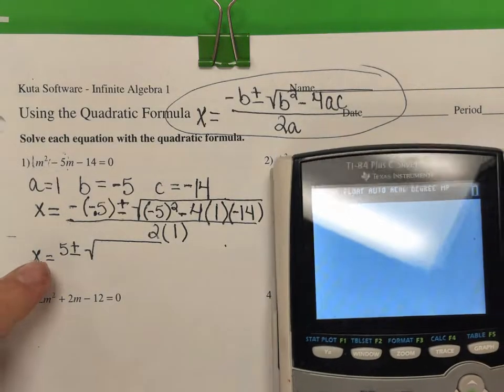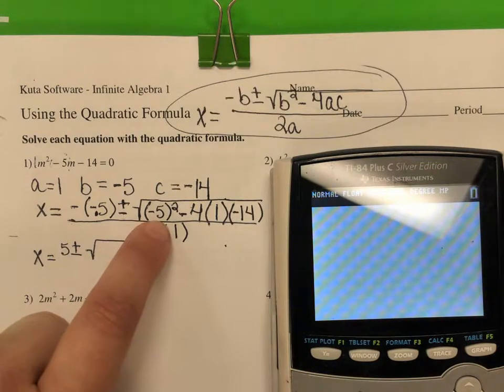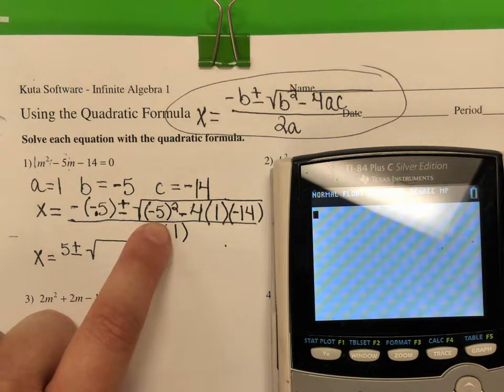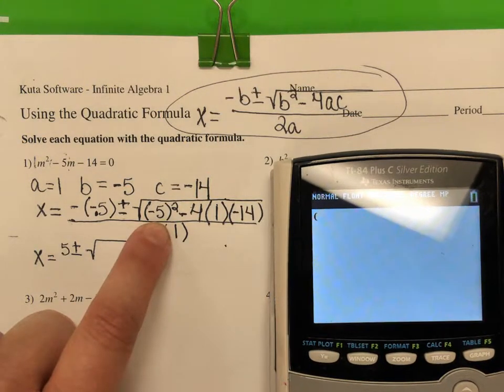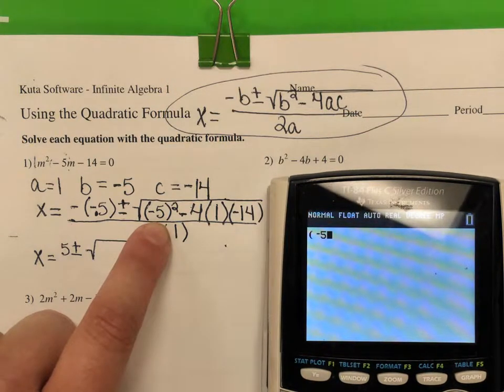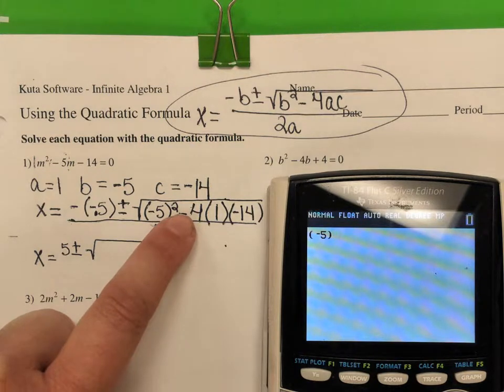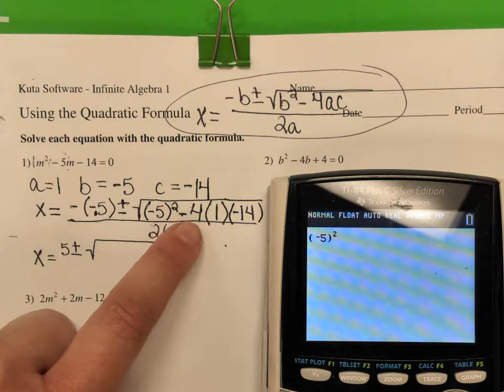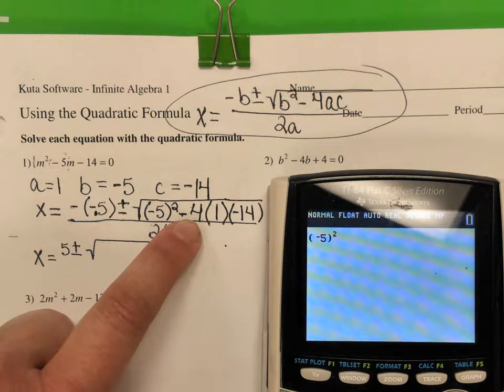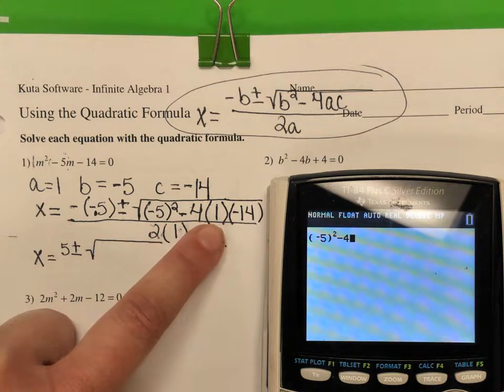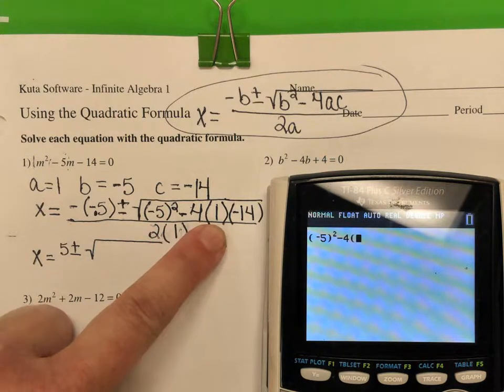Okay, we're going to plug it all in. You ready? What's the first thing we're going to plug in? Parentheses. Then what? Negative 5. Close parentheses. What power? Squared. Then what's after that? Negative 4. Minus, subtract 4. Then what? Parentheses 1.